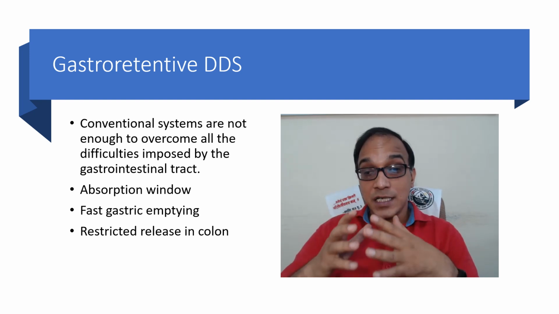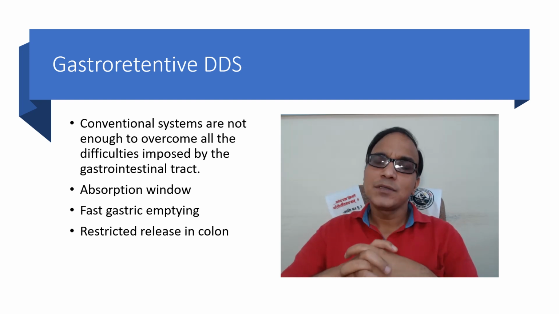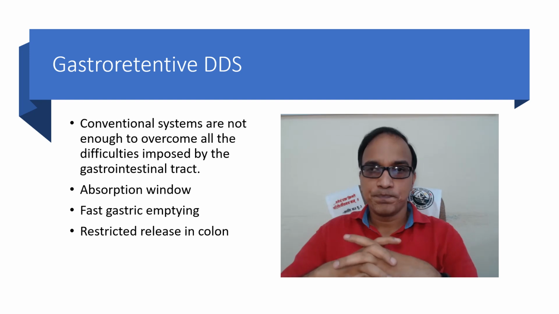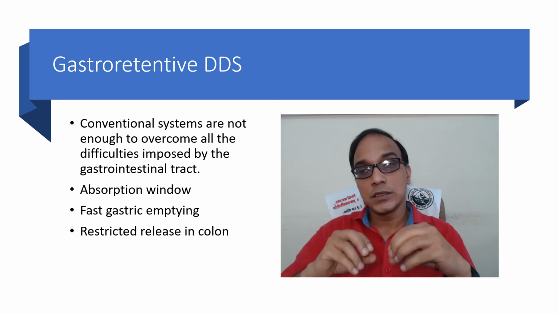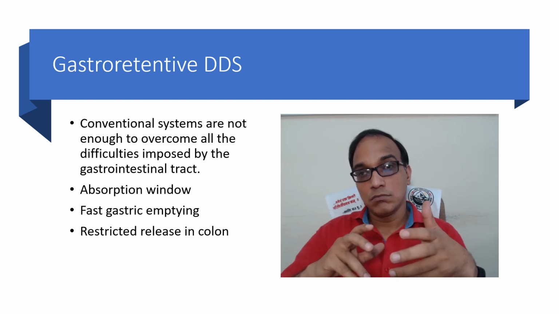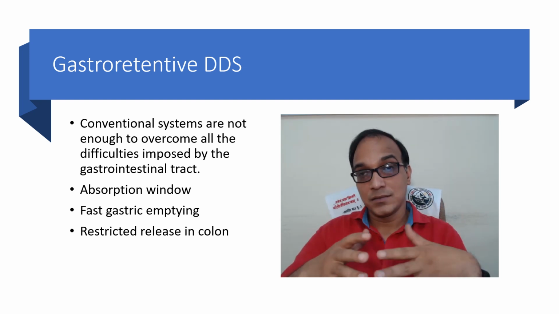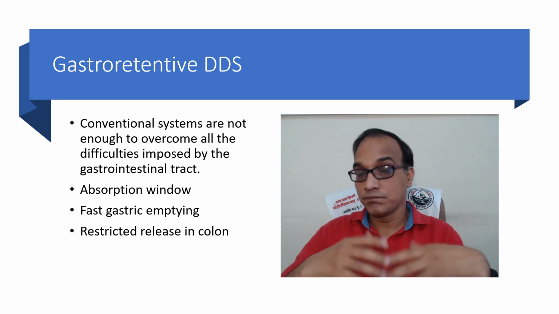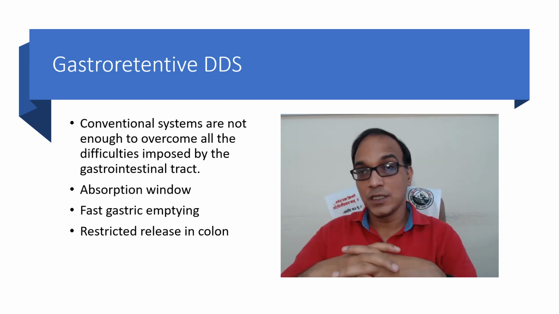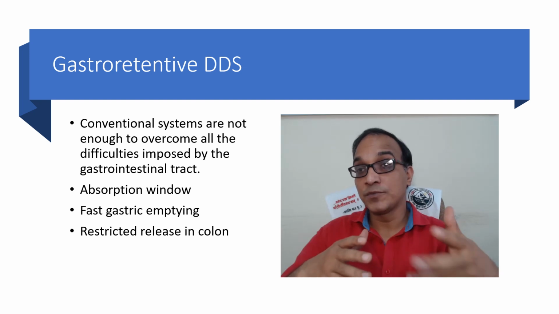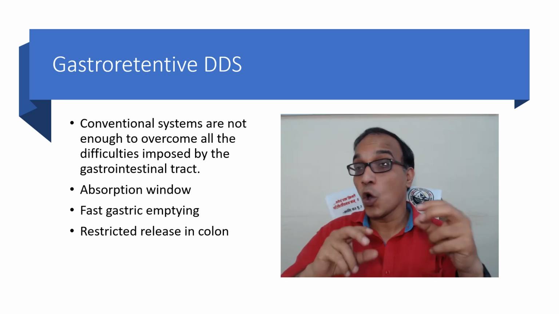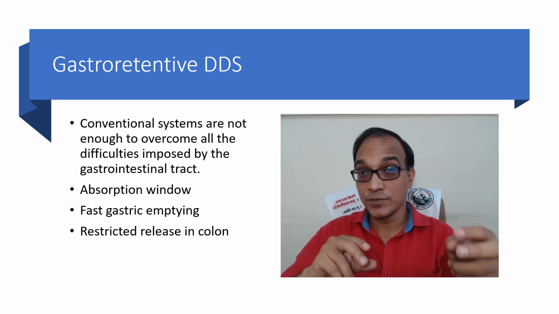Fast gastric emptying. Many times the gastric emptying rate is quite fast, or it is so due to some pathological conditions. For example, in the case of metformin itself, it shows the effect only when it is absorbed, and it is absorbed only at that particular absorption window.